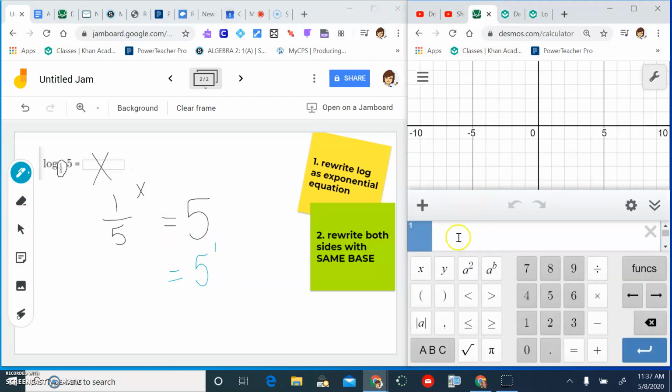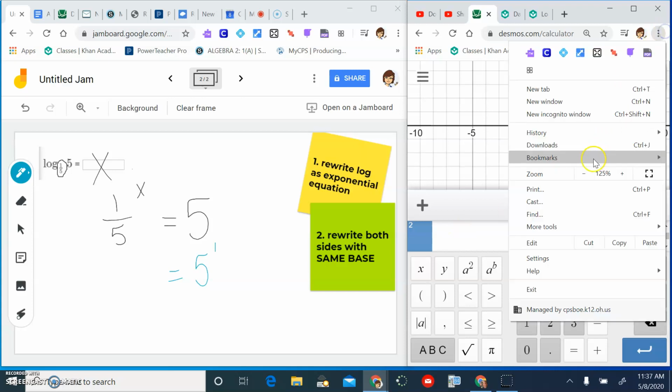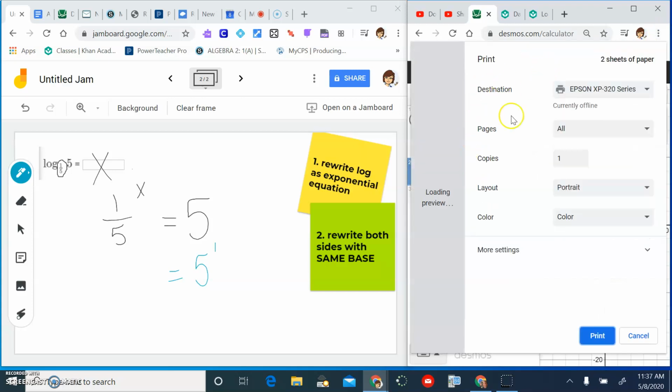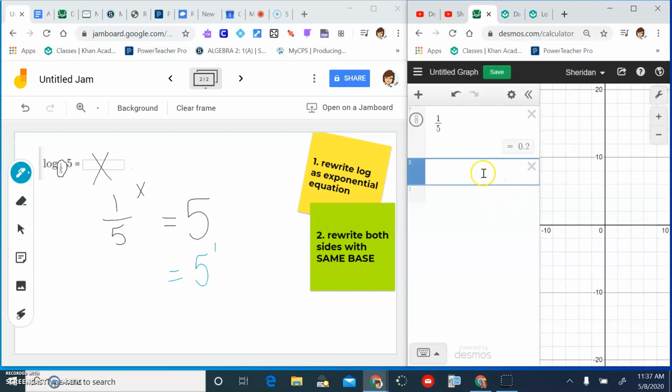And remember, anytime you've got 1 over a number, then we can really quickly rewrite that as an exponent with a negative exponent. And 5 to the negative 1 is the same as 1 over 5.